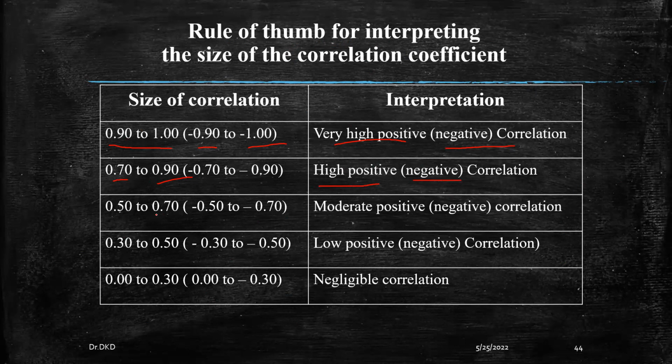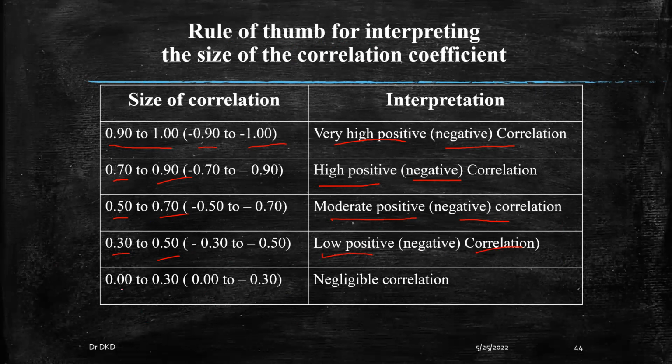Again, if we get a value of plus or minus 0.50 to 0.7, we can say moderate positive correlation or moderate negative correlation. Similarly, if we get plus or minus 0.30 to 0.50, we can say it is low positive or low negative correlation.